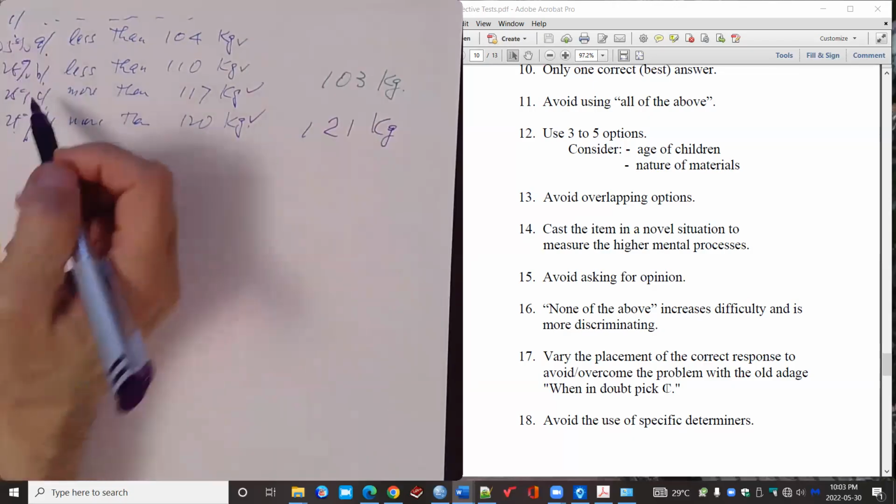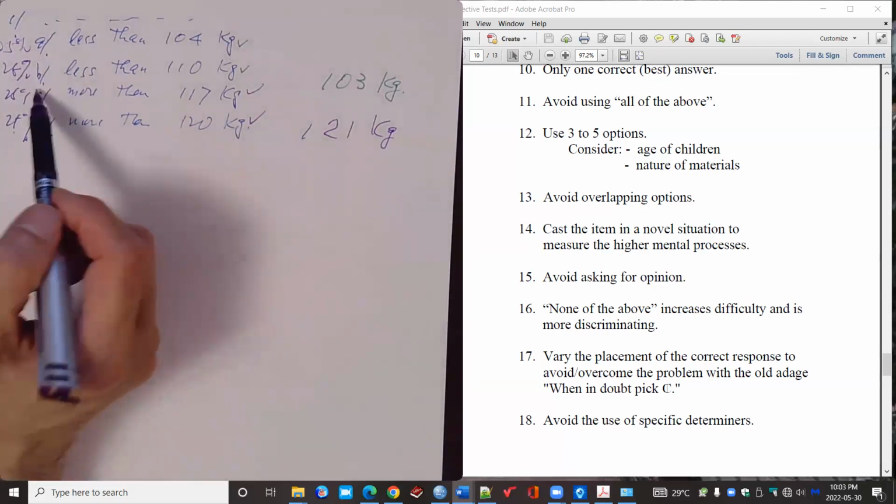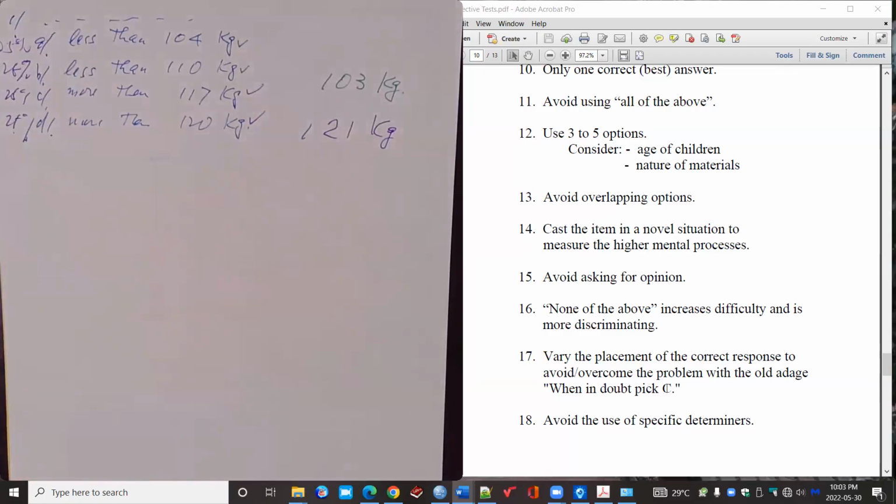Not exactly, but you may have 22 here and 27 here, and so on, so that you don't give away any clues.